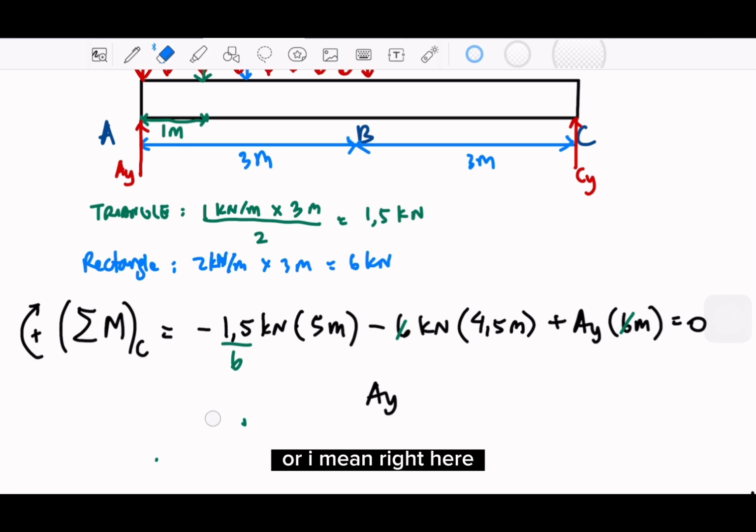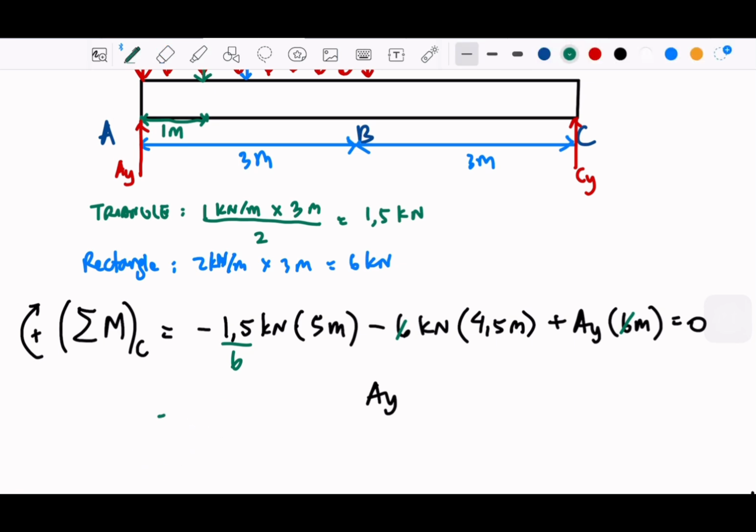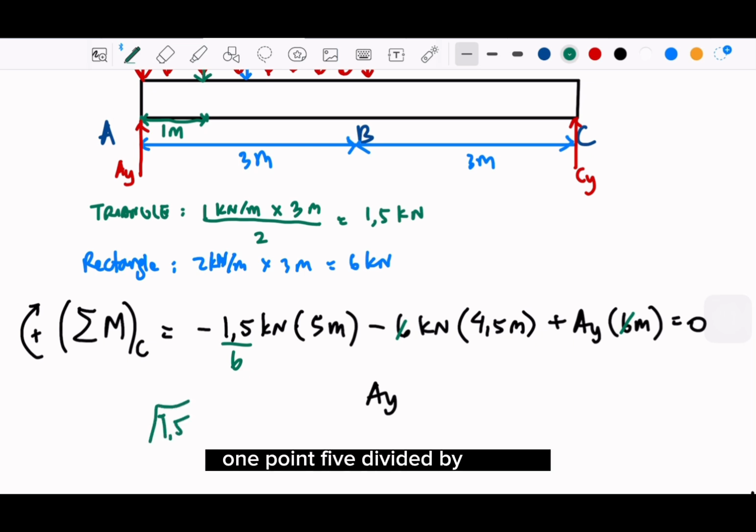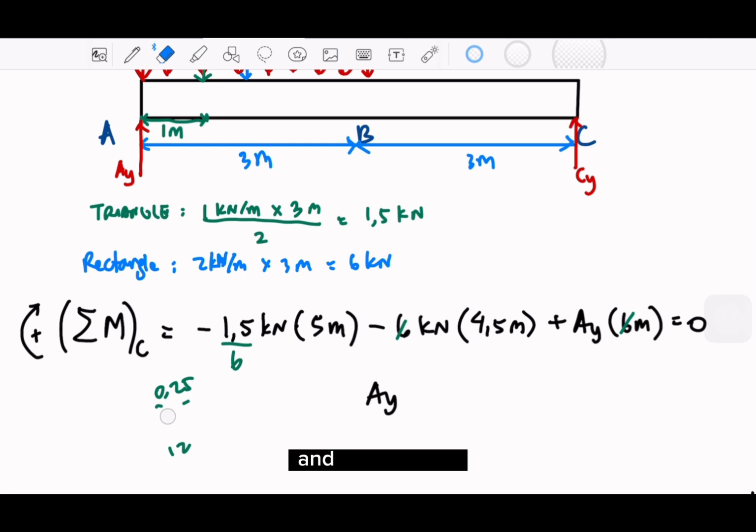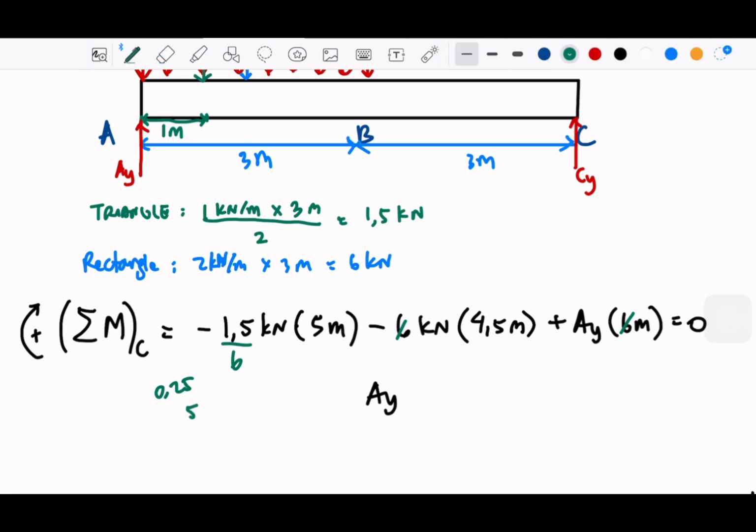Or let me write here. 1.5 divided by 6, it is 2.5, and multiply 5.